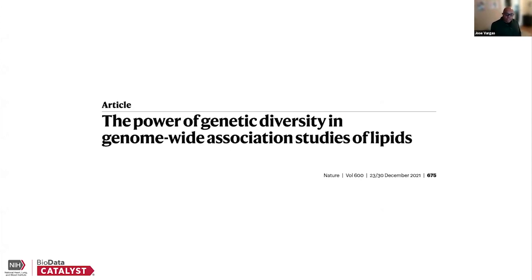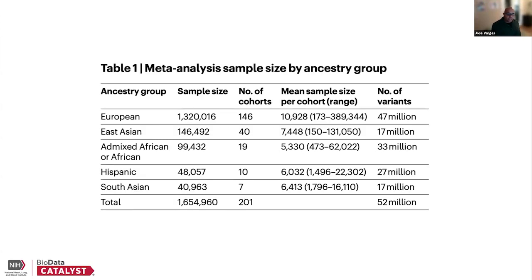And you can see in this study, as you can see in their table 1 here, look at this enormously diverse study. You have a million Europeans, but then you also have several thousand participants of different descent here. And you can see the great number of variants that were identified.